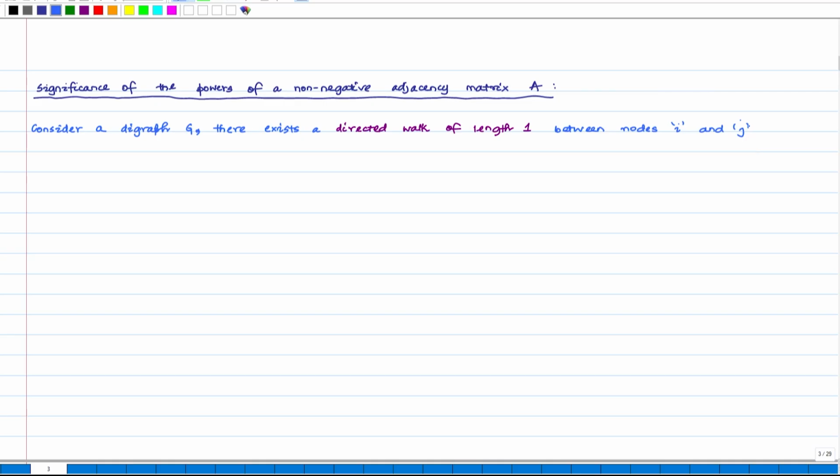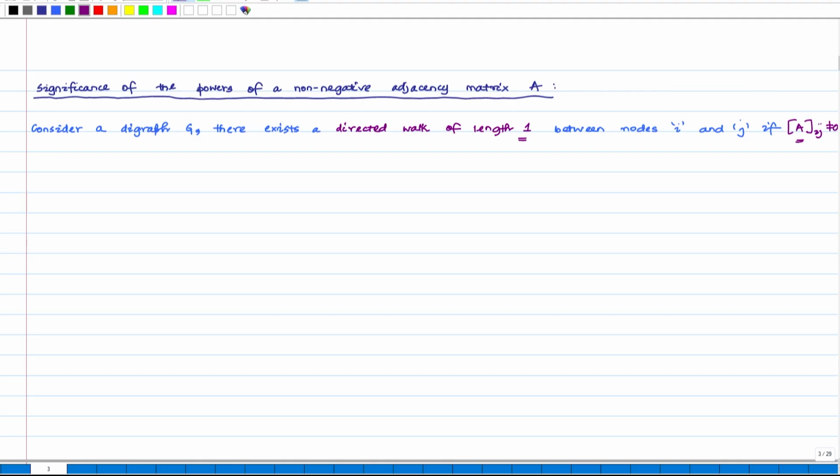So, let us write it. If Aij is not equal to 0, which implies, so what should we observe here? We should observe that whenever we are talking about a walk of length 1, we need to look at the adjacency matrix.